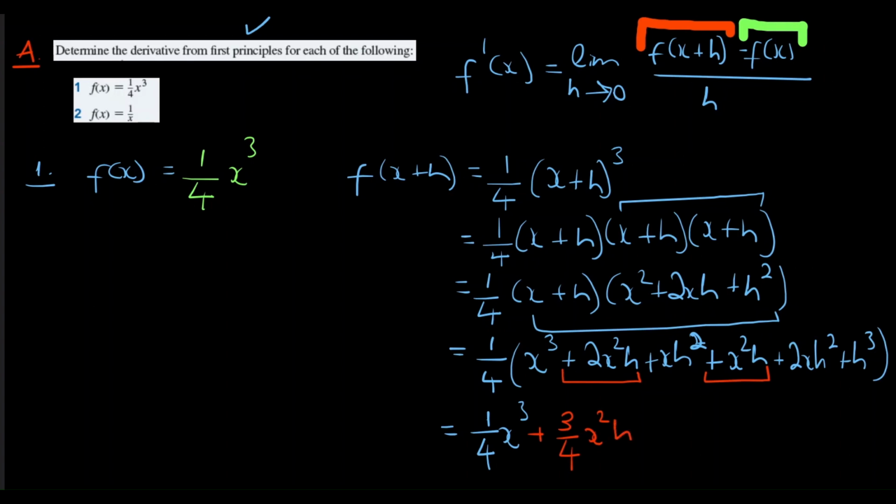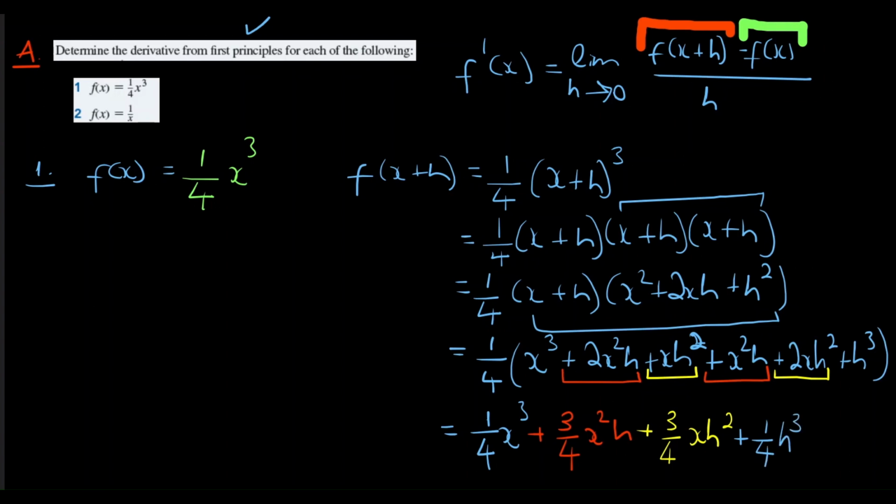Then we have another pair of like terms, 1xh squared and 2xh squared. When you add them, you're going to get 3xh squared. 3xh squared multiplied by 1 over 4, you're going to have 3 over 4 xh squared, and lastly multiply h cubed by 1 over 4, you're going to have 1 over 4 h cubed.